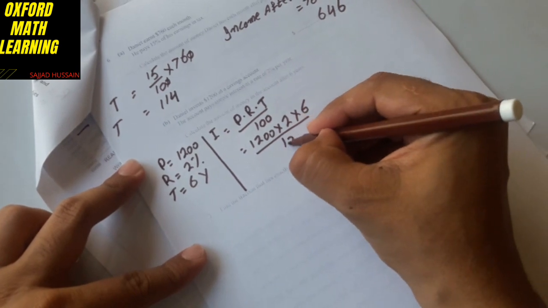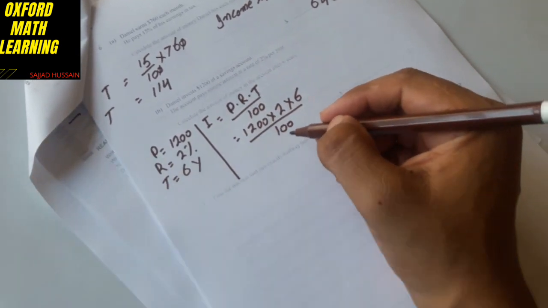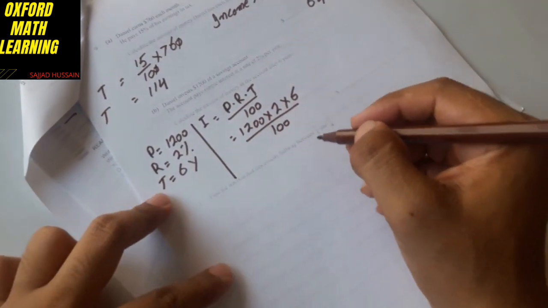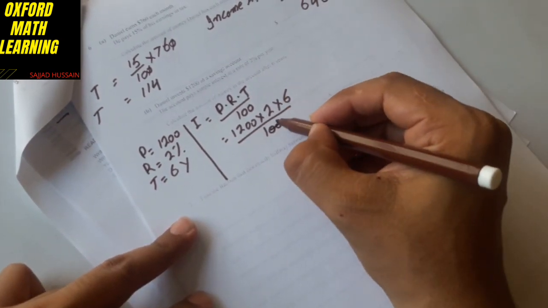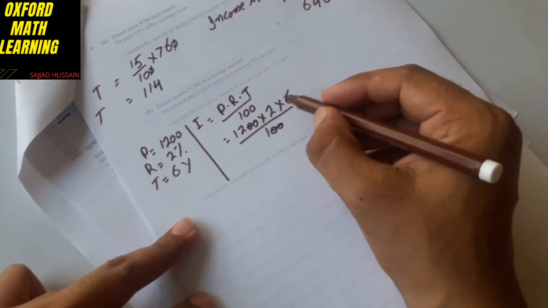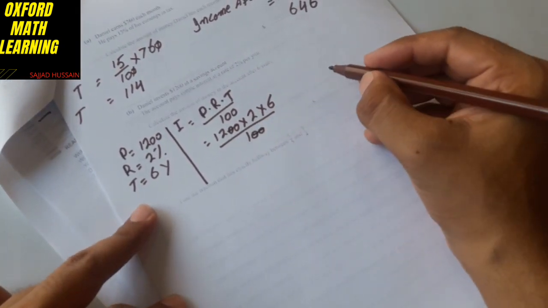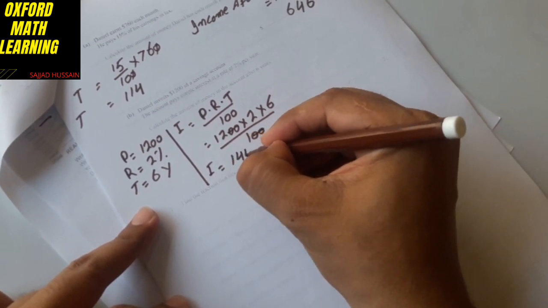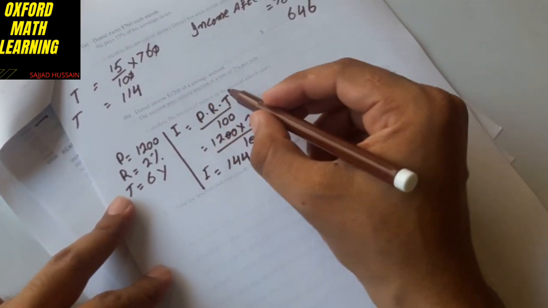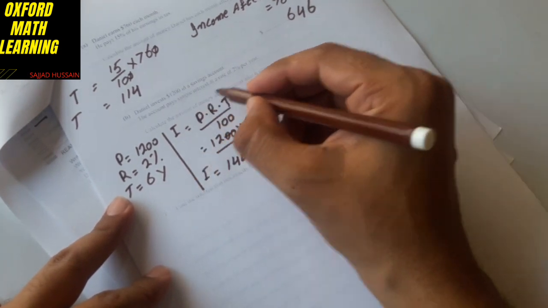Remember one thing, over 100 is R percentage. When the percentage is eliminated, we write over 100. We can simplify it. 2 zeros cancel with 2 zeros. 6 2s are 12, 12 12s are 144. So interest is 144.